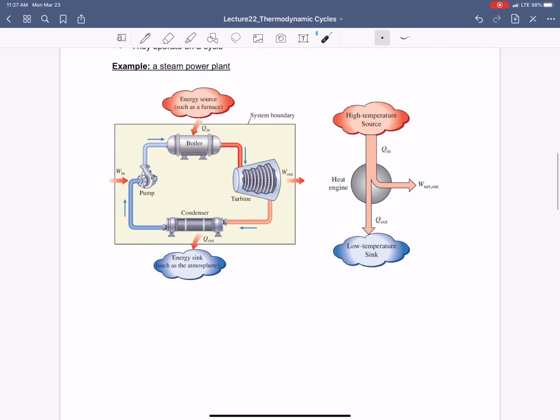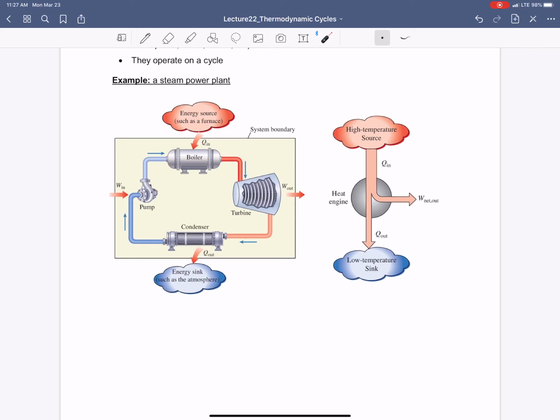Okay? Now, as you see, we have three main components. One is the energy source or heat source, the second is the heat sink, and in the middle we have a cycle, in this case a steam power plant. Now in order to run this steam power plant, we need to run a pump, and we get power out of the turbine.